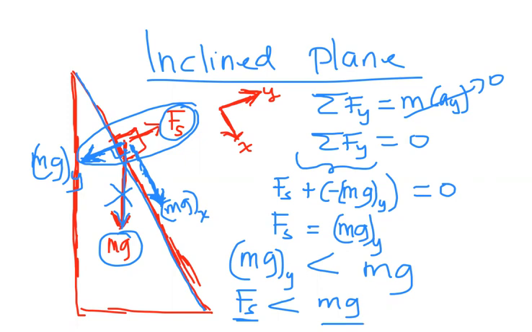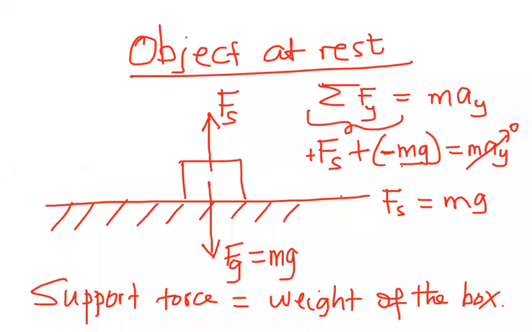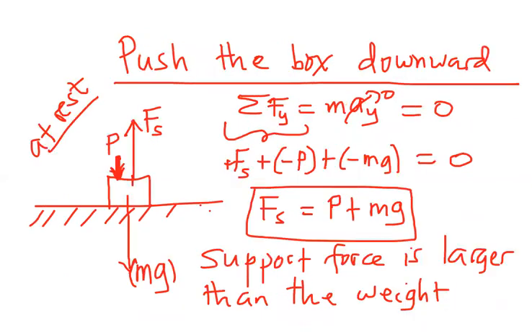We have seen the normal force in different situations. We started by looking at the case of an object at rest. We realized that when the object is at rest, the support force is equal to the weight of the box. And we looked at another case, where we push the box downward, maybe using your hand, try to press the box downward, but still the box is at rest.